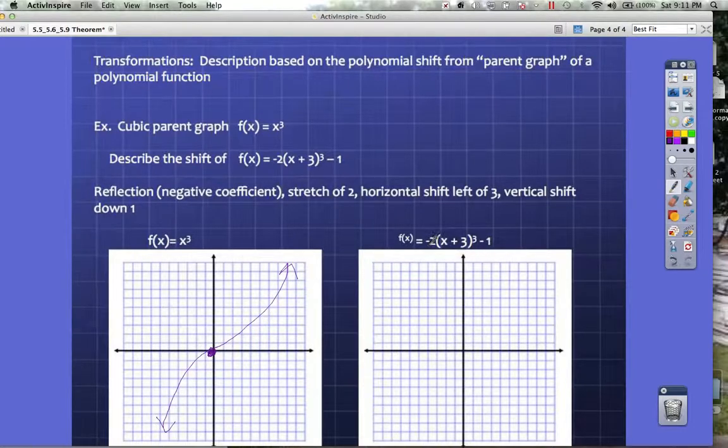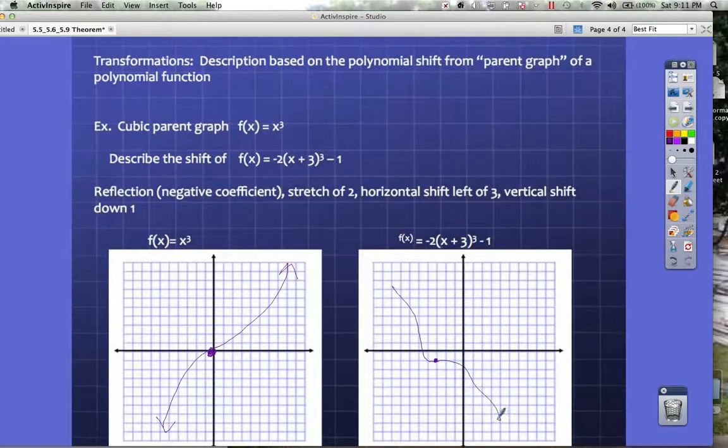Right, now this one is going to be a reflection, and if it's looking this way, a reflection means it's going to go down, up. Okay, and it's going to have a stretch of 2. It's going to be shifted down 1 and over to the left 3. So I'm going to go over to the left 3, down 1. That's where it's going to start. And it's going to be going at a stretch of 2, but in the opposite direction. So whereas this one kind of spreads out really nice and smooth, it's going to be a sharper turn.